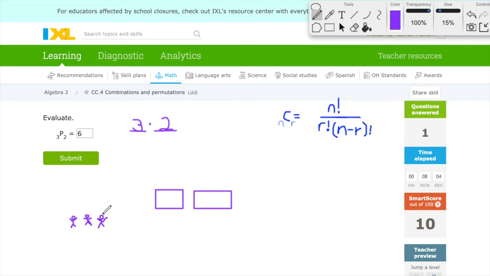Let's say in this space, this student goes and sits here. Well, now when I had 3 options and I put one of them here, that's where this 3 comes from. When I go to fill in my second desk, I now only have two choices because this middle person's not going to sit at both desks. So that's basically what we're doing by counting down here. So let's say this person gets it.